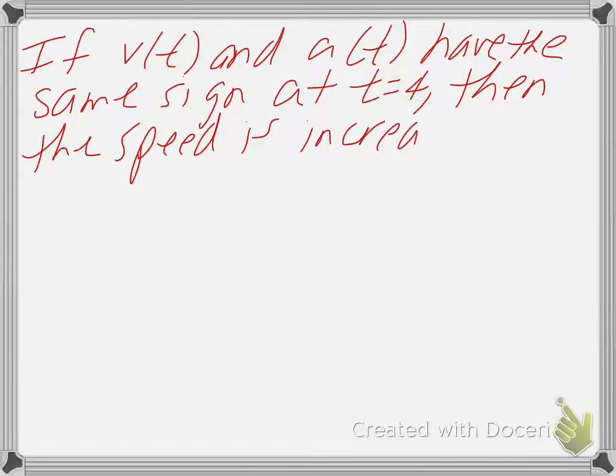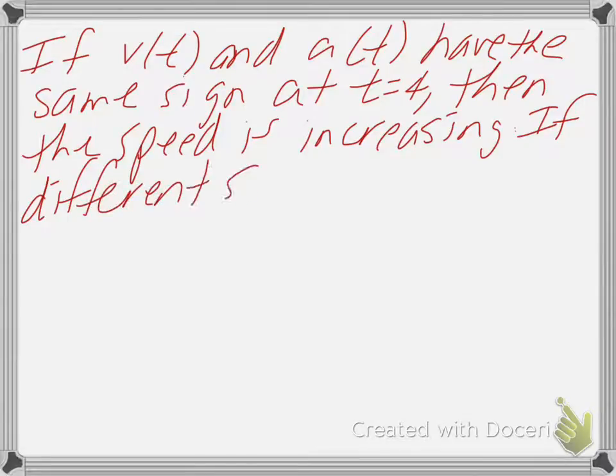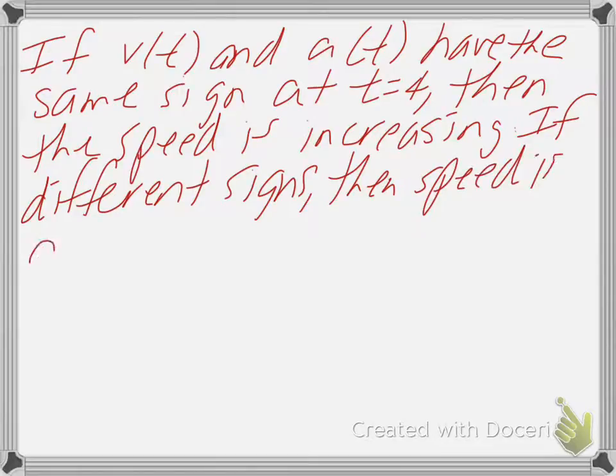Because remember, if velocity and acceleration have the same signs, speed is increasing, and if different signs, then speed is decreasing. This is when we would make those double wiggle graphs.